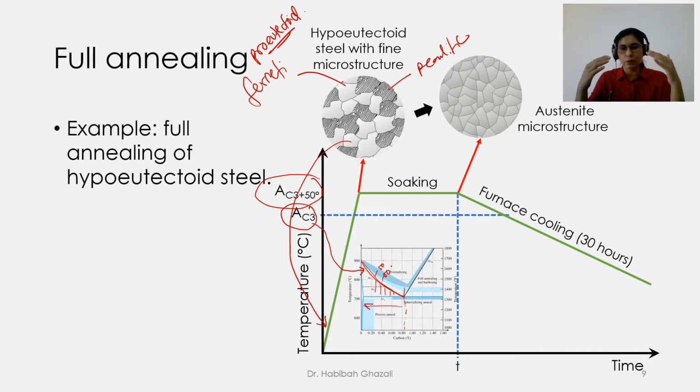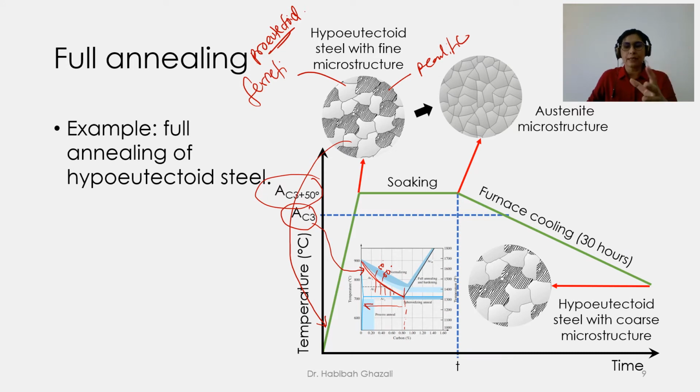During this slow cooling process, we allow diffusion of atoms to happen, so grain growth will happen during this process. At the end, you will have a microstructure that has a larger grain size than when it began.